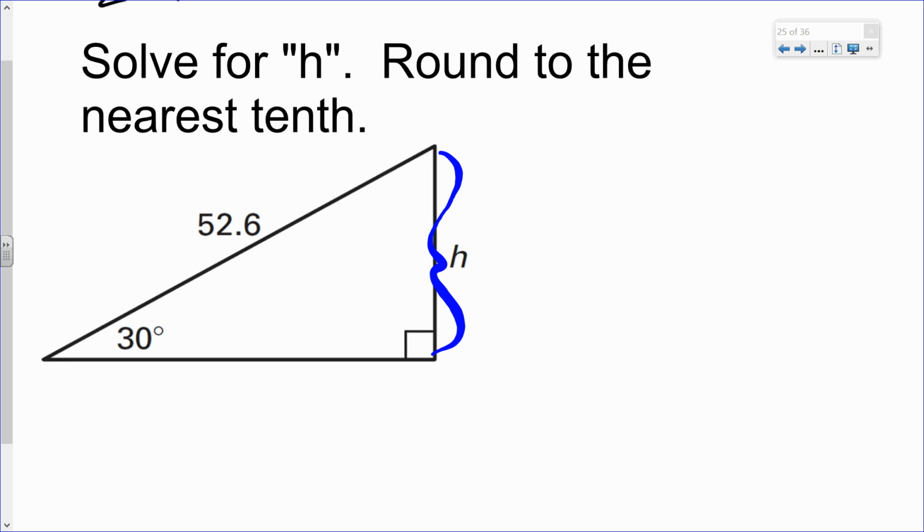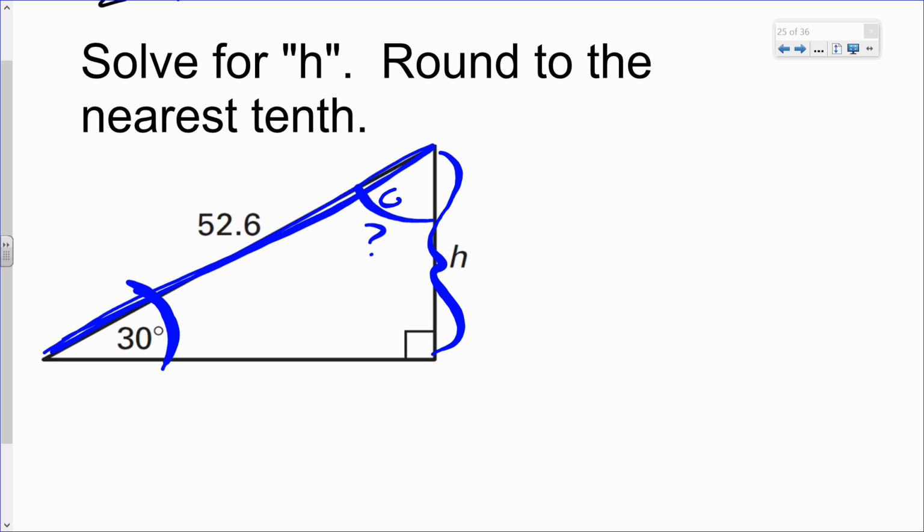We can't use the Pythagorean theorem, a squared plus b squared equals c squared, because we only know one side. We only know the hypotenuse. So we can't use the Pythagorean theorem to solve for h. But we know this acute angle is 30 degrees. And we know this other acute angle would be what? 180 minus 30, 60.